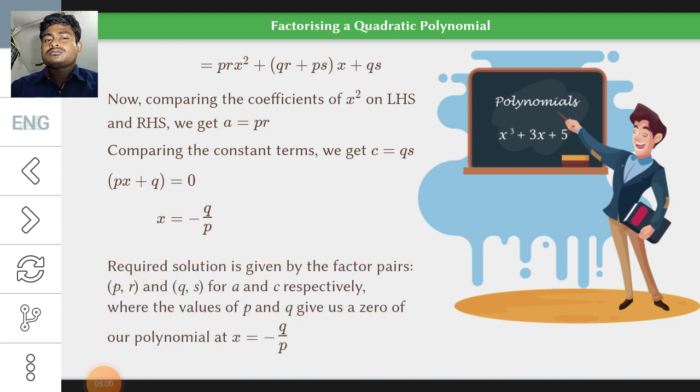The required solution is given by the factor pairs p, r and q, s for a and c respectively, where the values of p and q give us a zero of our polynomial at x is equal to negative q by p. Tap the button to understand this better with an example.